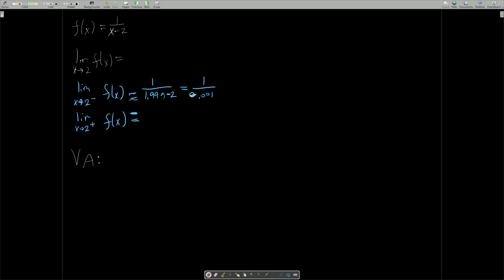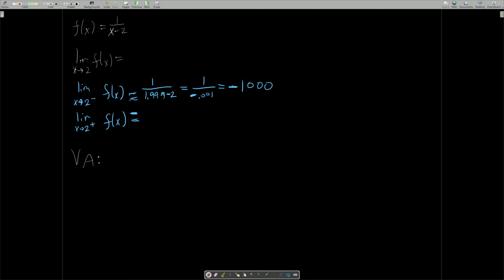So this is negative 1,000. Keep in mind that this is negative, and it's 1 over a really small number, like 0.001, which is going to give you a really big number, like 1,000 here.